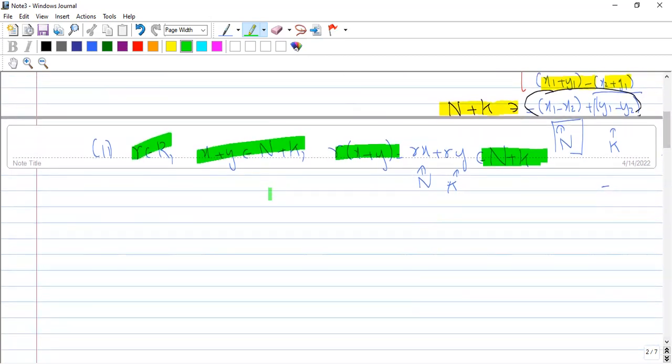So for the next definition, if you want to understand it with an example, let's say you are taking Z6 as a Z module.